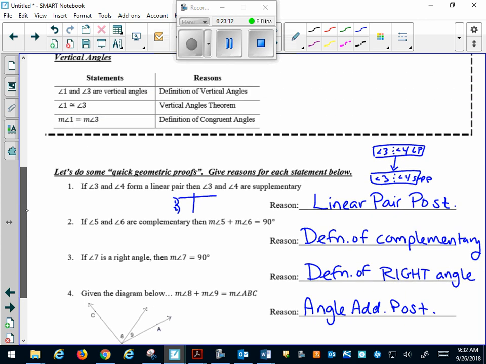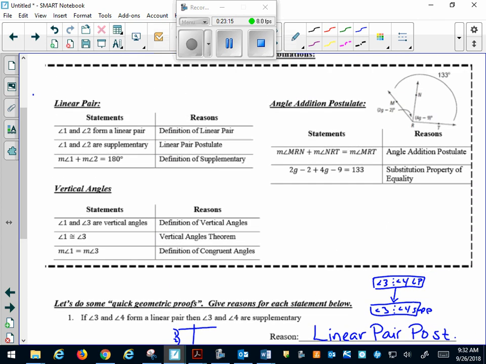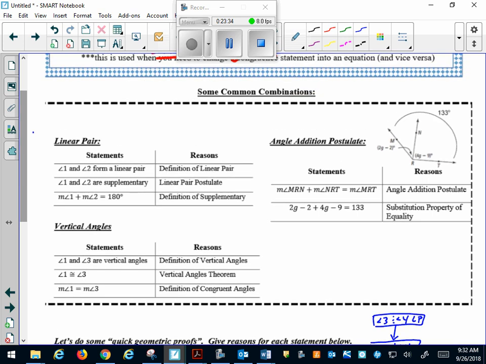So if you look back up a little bit to this box, and again, this is going to be a box also. All these boxes with little dashes around them, you can refer back to these boxes. They're going to help you when you get stuck on proofs. So these are what we call the common combinations.